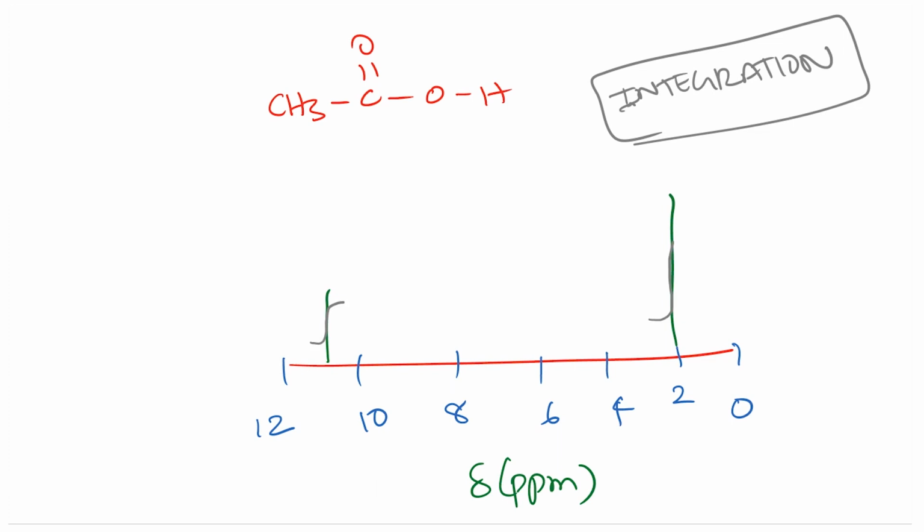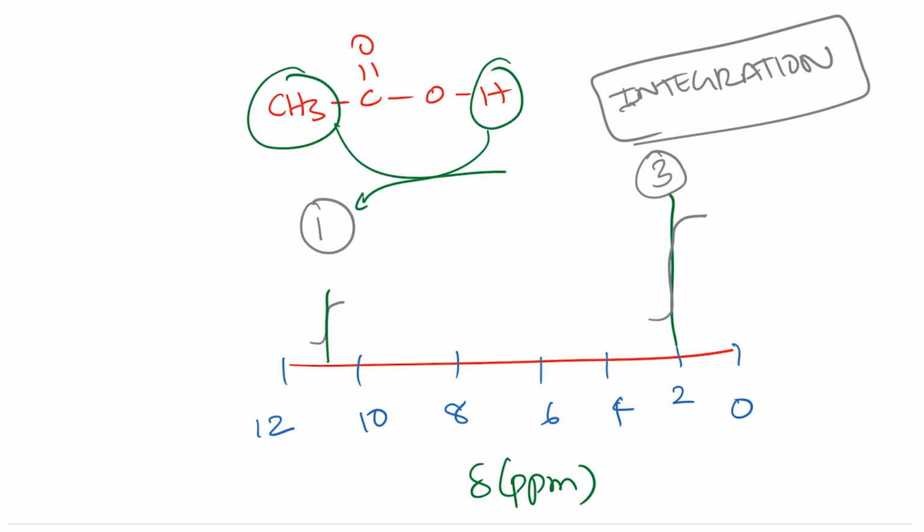When you integrate, we find that it is in the ratio of 1:3. From this one can deduce that the OH must be this peak and the methyl must be this peak. Therefore, proton NMR is a very powerful technique, wherein not only can you understand the chemical environment, but you can also figure out how many hydrogens are there at that particular position. We will get to the example of acetic acid again or some similar example later.